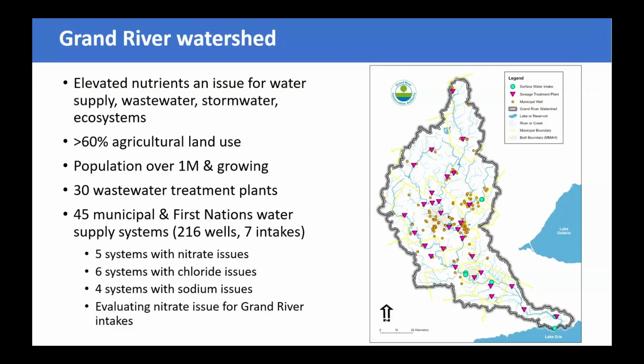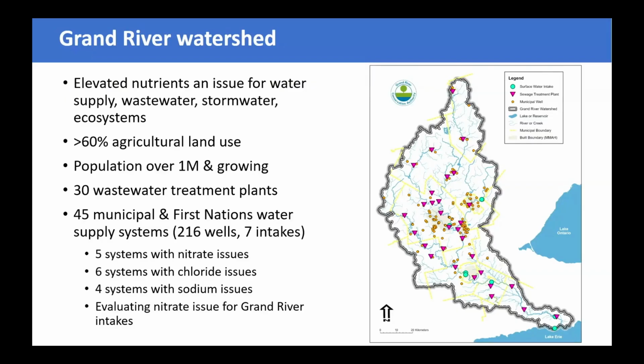That's coming up on a next map, but those yellow dots there are all the municipal drinking water wells throughout our watershed. So we have this really interconnected system of reliance on both groundwater and surface water, not just for water supply, but also for assimilation of treated effluents from wastewater treatment plants, as well as the nutrients coming off of agricultural lands.